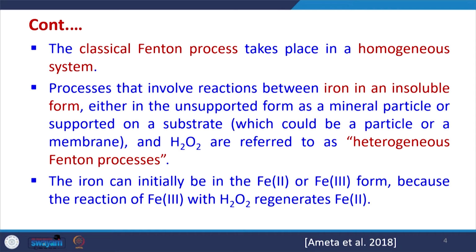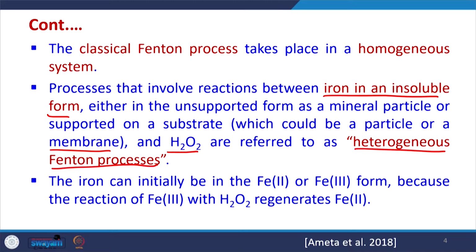Now, the classical Fenton process takes place in a homogeneous system. The processes that involve reactions between iron in an insoluble form, either unsupported, such as mineral particles, or supported on some substrate, which could be a particle or a membrane, along with H2O2, are called heterogeneous Fenton processes.